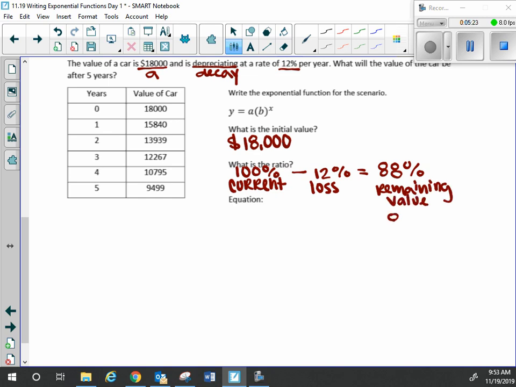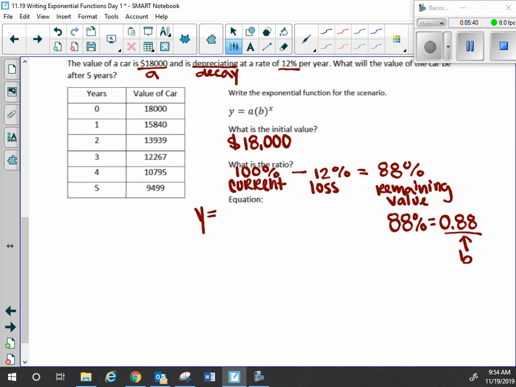What's 88% as a decimal? Okay. So now I have everything I need for my function.